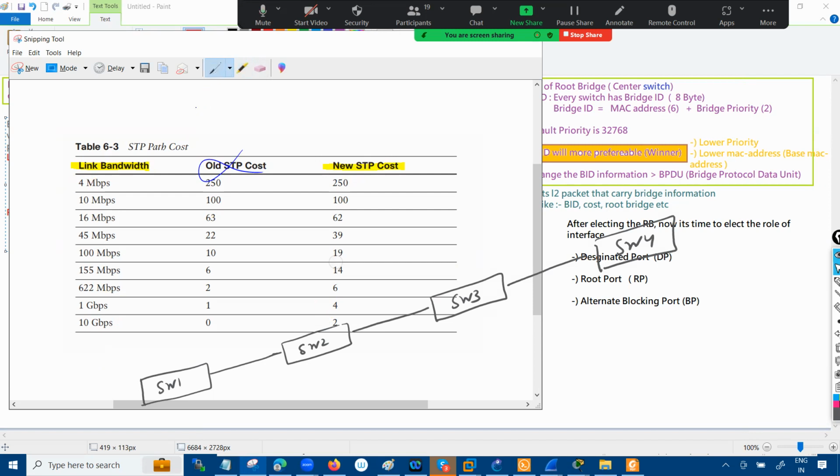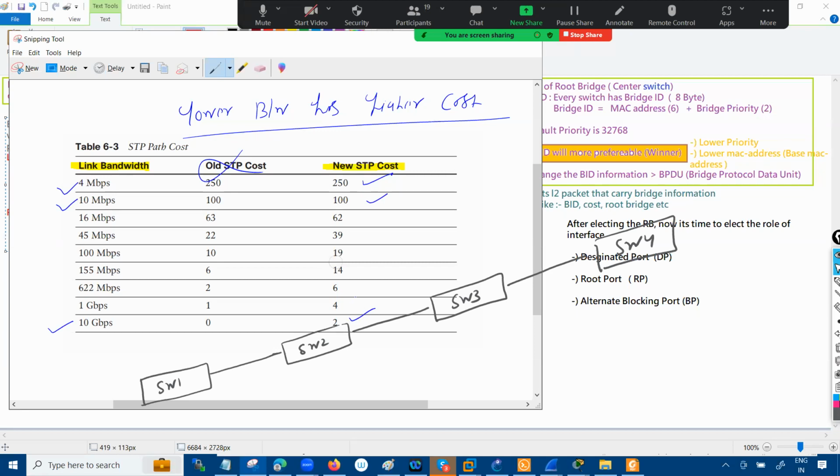So lower bandwidth has a higher cost. Lower bandwidth, higher cost. Higher bandwidth, lower cost.